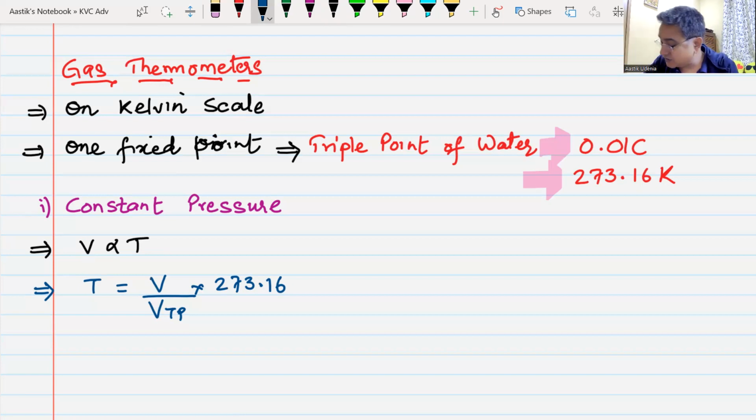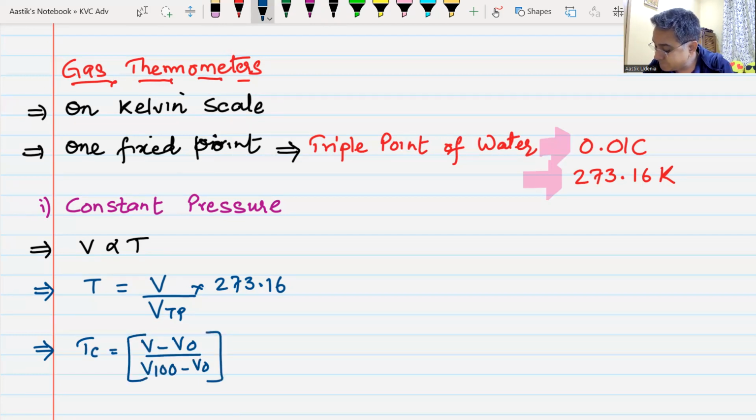Sometimes you might get a question where instead of the Kelvin scale, they use the 0 degree and 100 degree scale. In that case, you can use the formula (V minus V0) divided by (V100 minus V0), multiplied by 100.